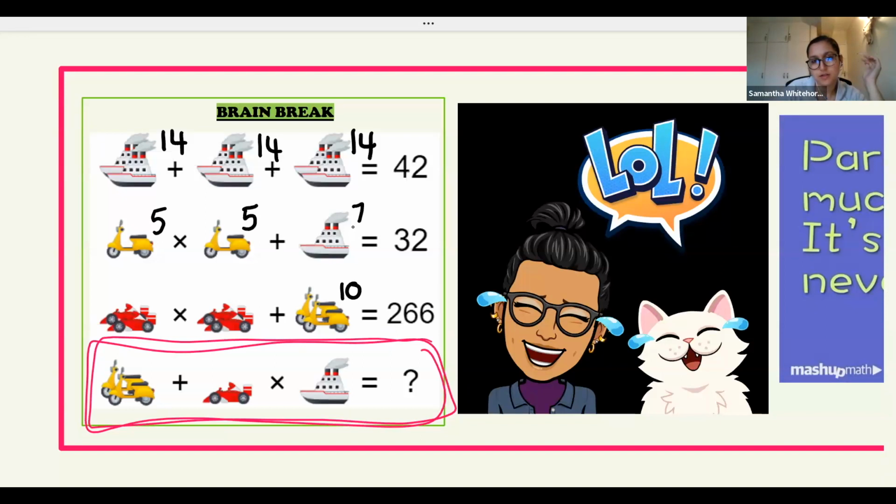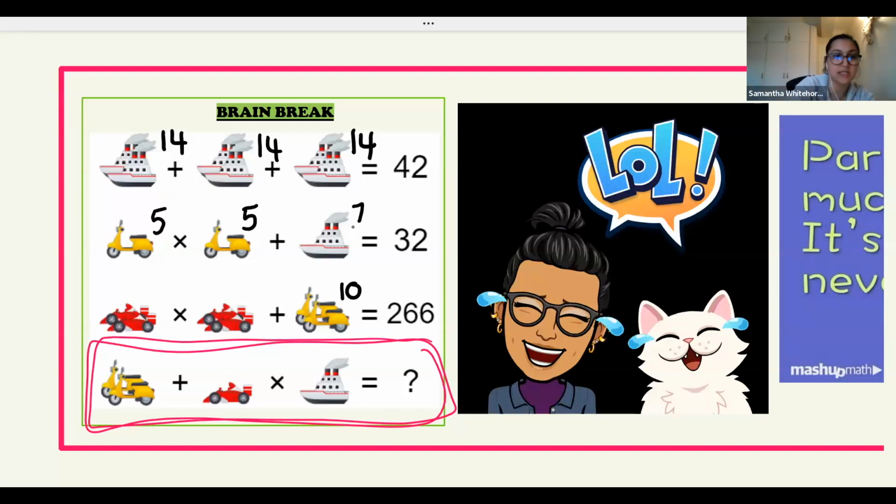Then with the race cars, I just added 10. I added 10 with the 6, 8, with the 16.